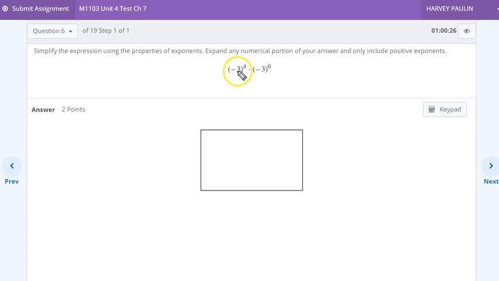So this is going to end up as 3 to the 4th. Put that in your calculator, that's going to be 81. Now, since this is our base here, anything to the 0 power is 1. So this is 81. Now, if this were an addition problem, this negative 3 to the 0 power of 1, you would add, but here it's multiplication.